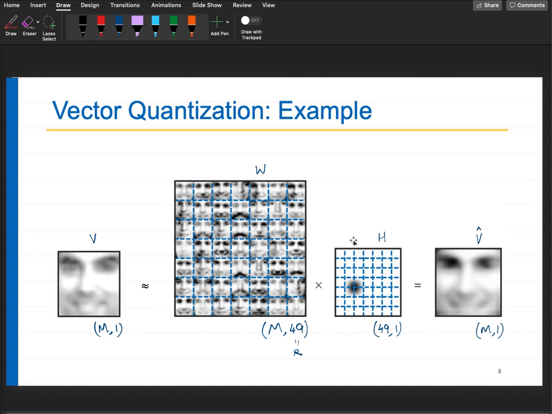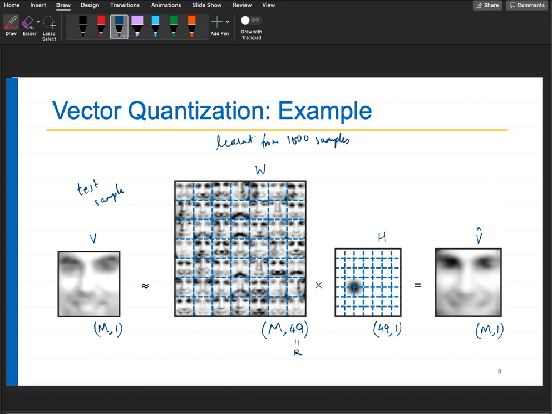But the constraint is that at a time, only a single cluster or only a single center will be activated, right? So if this was my input image, and this is a dictionary which I have learned from 1000 images, and this is my single test sample, which I want to represent in terms of vector quantization.